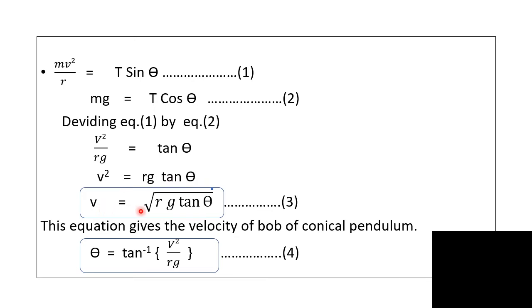So v equal to square root of rg tan theta. This equation gives the horizontal velocity of the bob of the conical pendulum. The angle theta made by the string with the vertical is given by theta equal to tan inverse of v square upon rg.